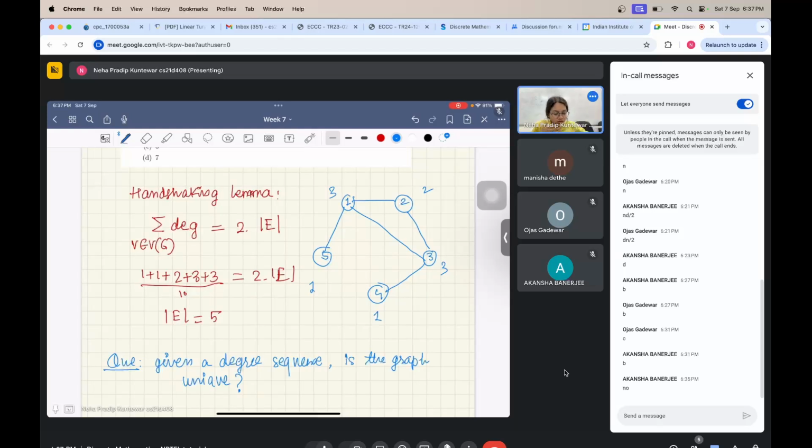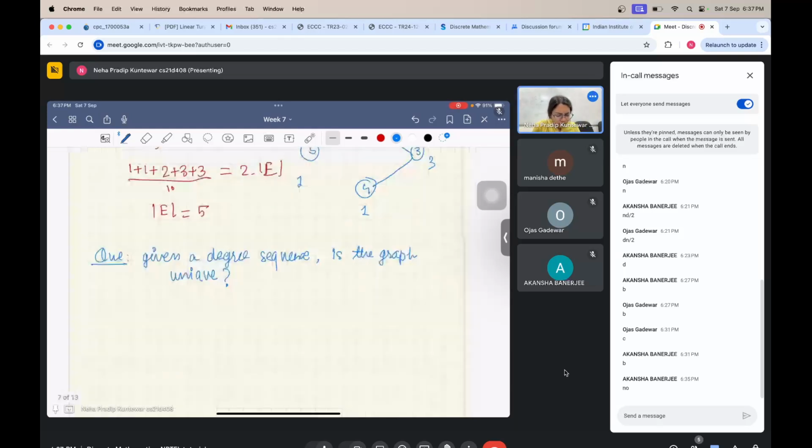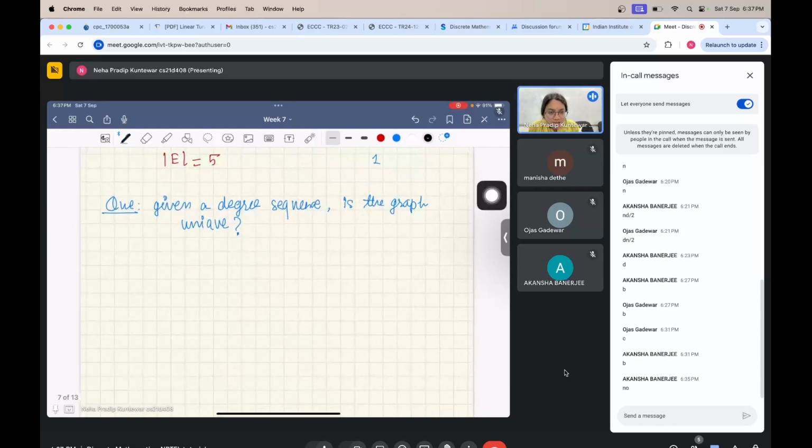Okay, I think it need not be unique. So let's see. I have a counter example in mind. Let's see whether that is correct or not.